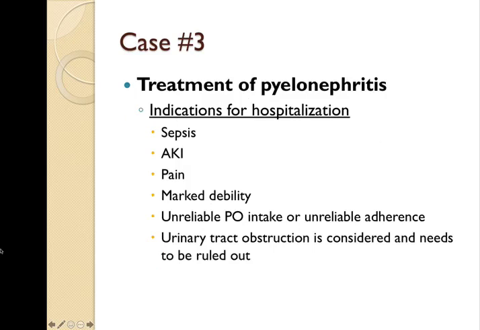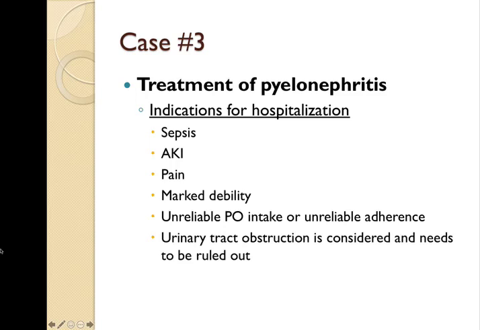So these are most of the indications for hospitalization that I mentioned on this slide. The patients that you are concerned for sepsis, obviously shock, patients with a new acute kidney injury, patients with uncontrolled pain, marked comorbidities or debility, patients with unreliable PO intake, or unreliable adherence to medications, and settings of sepsis should be hospitalized.